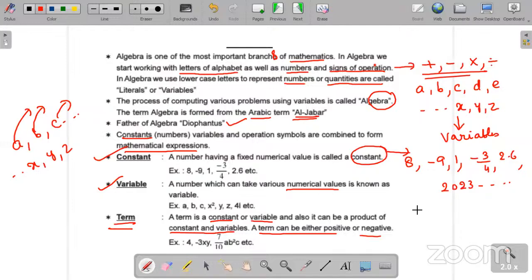For example, you take 8, 8 is also a term. Suppose you take x, x is also a term, y is also a term, x into y, xy is also a term. For example, 3x into minus y is there. You get 3x, 3 into minus 1, this is actually minus 3xy. Even minus 3xy is also a term. Clear? So a term may be positive, it may be negative.